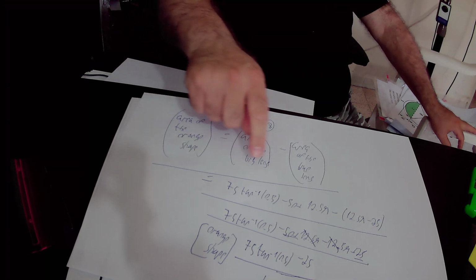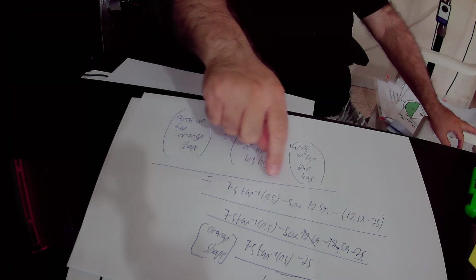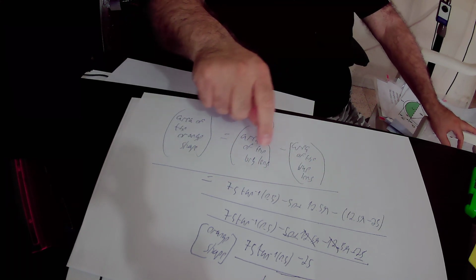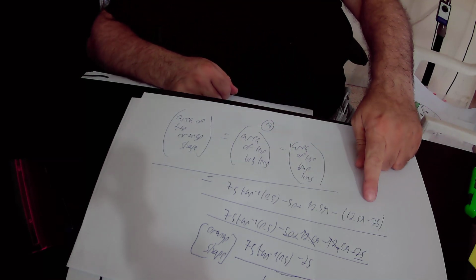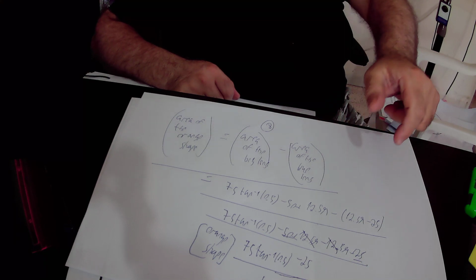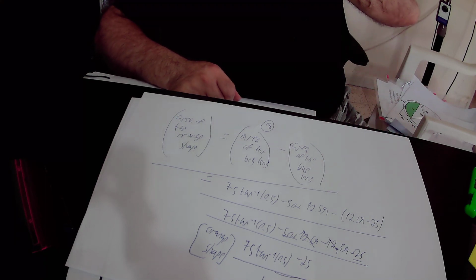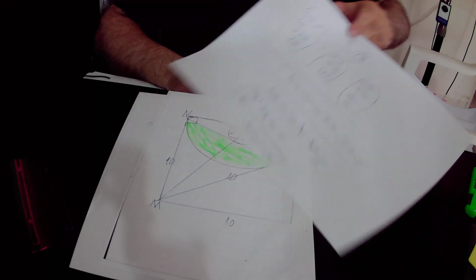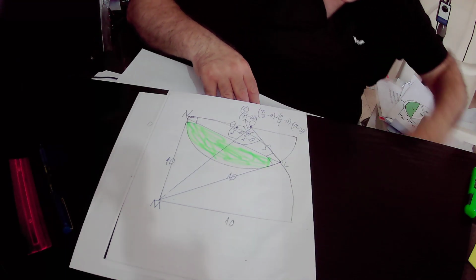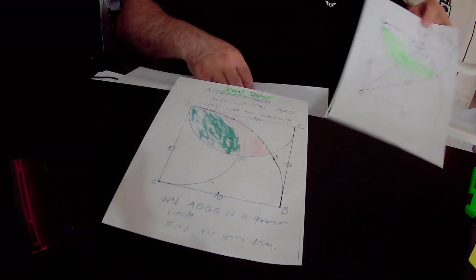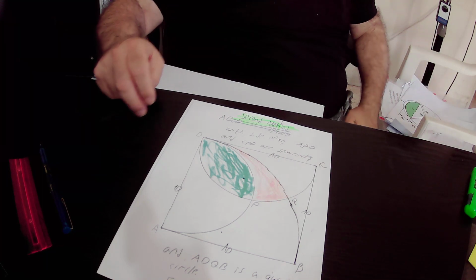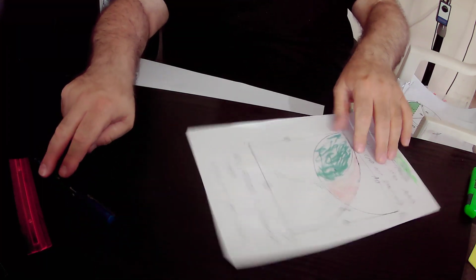Finally we found out that the area of this shape equals 9.77 square units.